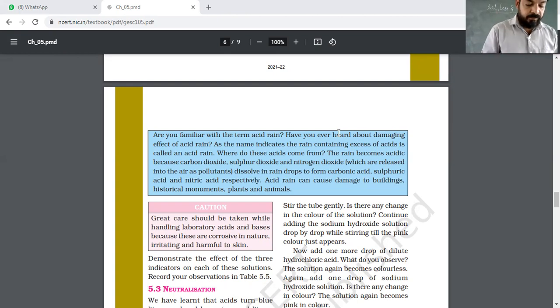Similarly, as I said in the previous class, I was talking to you about pH. pH is a big word to identify the presence of hydrogen in a particular substance, because the nature of that substance depends on the hydrogen. Here, this is the pH paper. I want to show you the pH paper also.